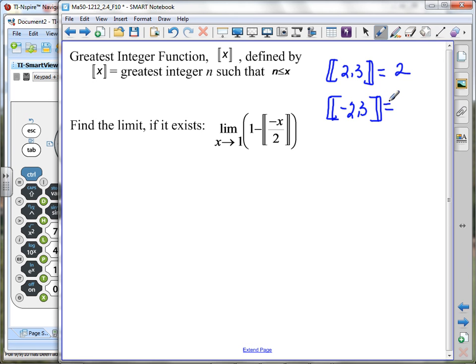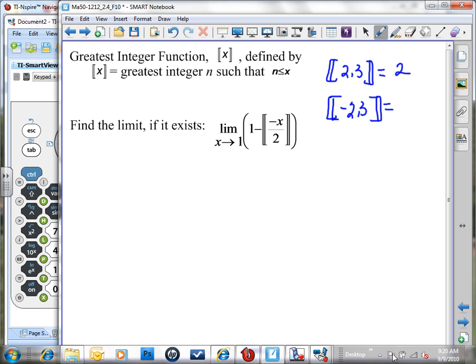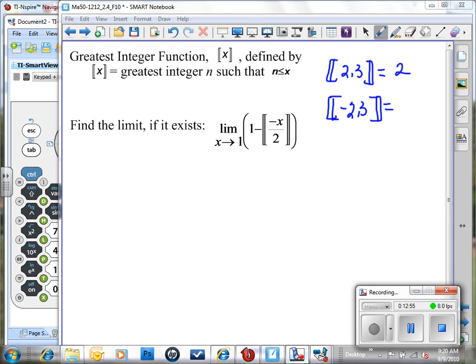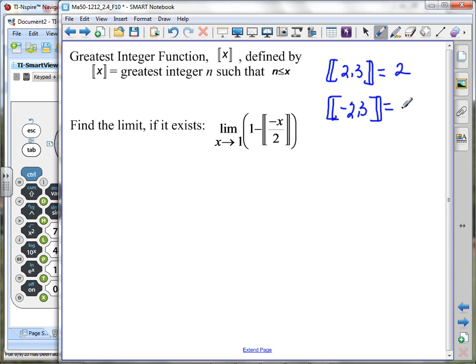Yeah, be careful. This is the greatest integer that does not exceed negative 2.3. I heard negative 1. Yeah, it's negative 3. Remember, negative 3 is less than negative 2, so we'd have to make sure that we put negative 3 down. So those negatives can kind of trip us up a little bit.